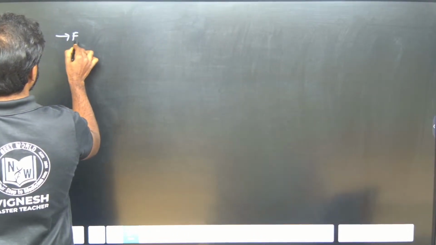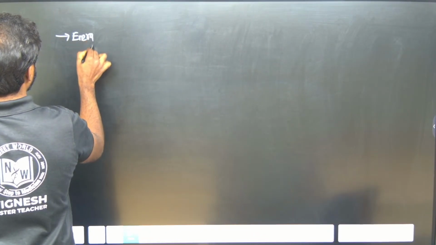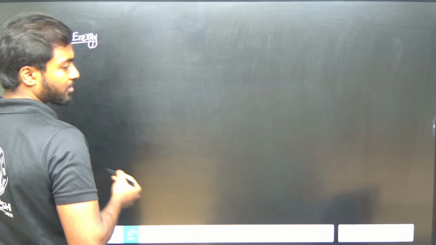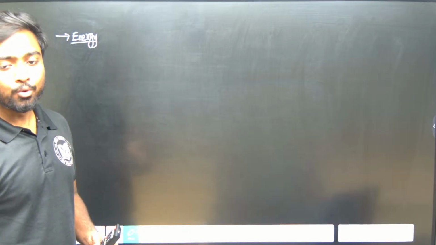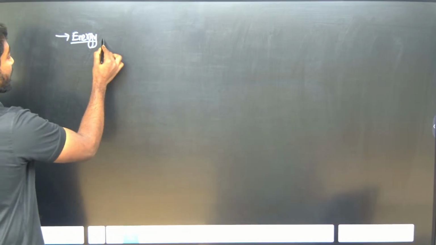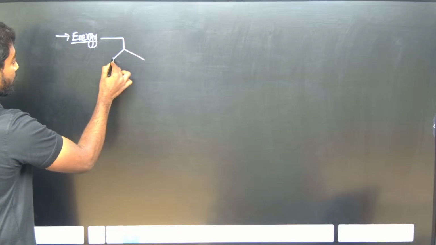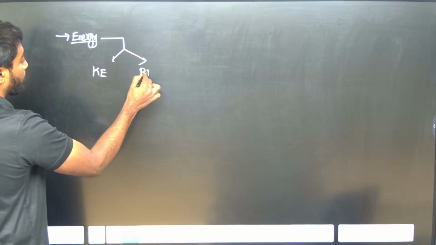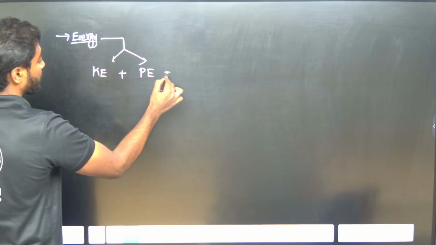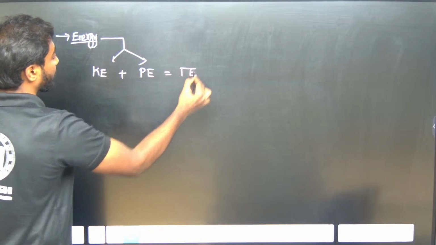Next, energy. Basically we know that energy is the capacity to do work. Two types of energy we have seen: one is kinetic energy and one is potential energy. The sum of these two energies is known as total energy, or mechanical energy.